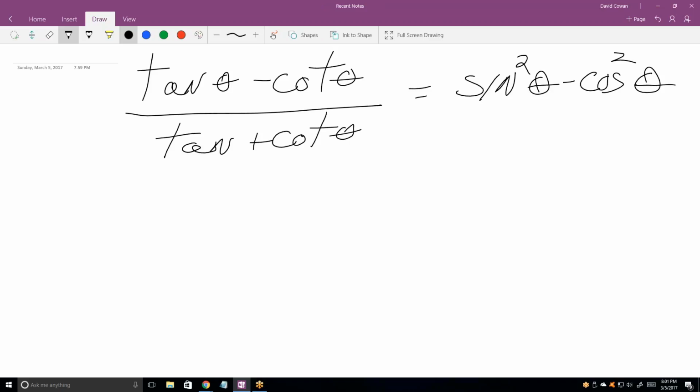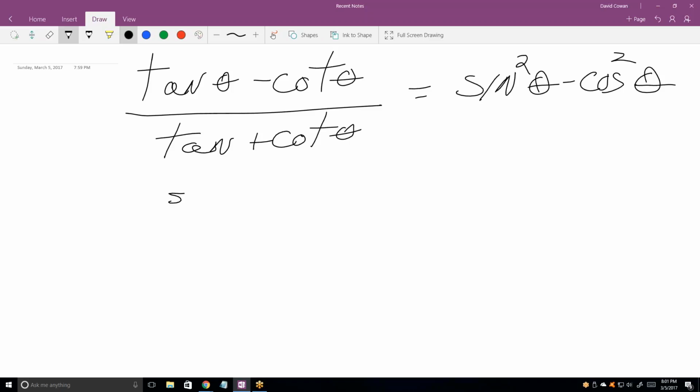Whenever I see lots of sines and cosines in the thing, I'm inclined to want to turn the left into all sines and cosines. So tell me what we have on the left. Instead of tangent of theta, what should I write?